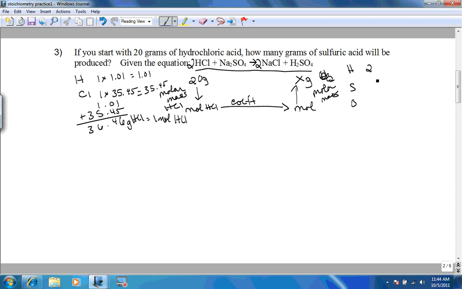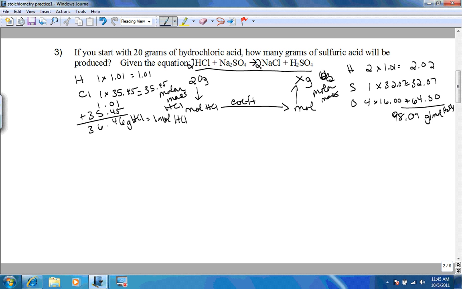We have 2 hydrogens at 1.01. We have 1 sulfur at 32.07, and we have 4 oxygen at 16.00. We're going to add those 3 numbers up, and that comes out to be 98.09 grams per mole of H2SO4.